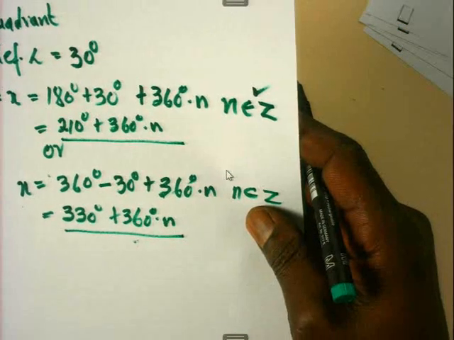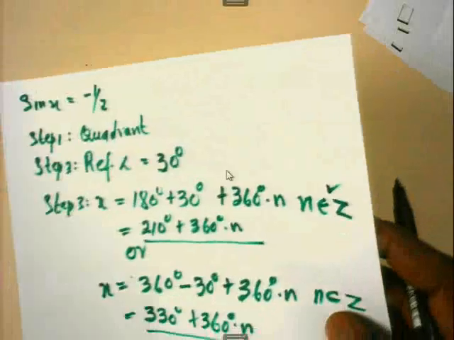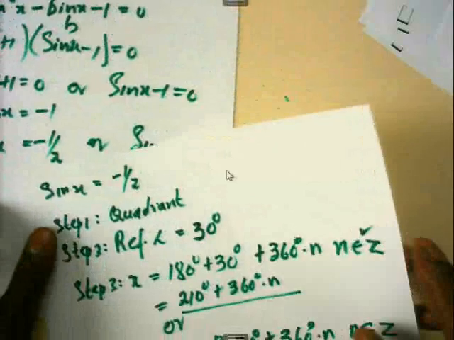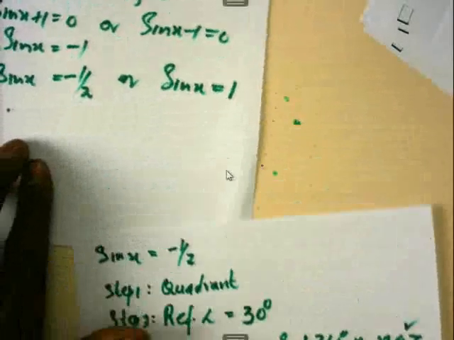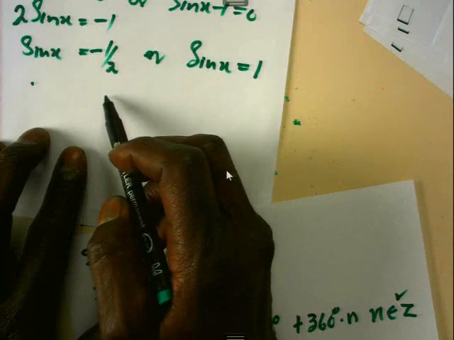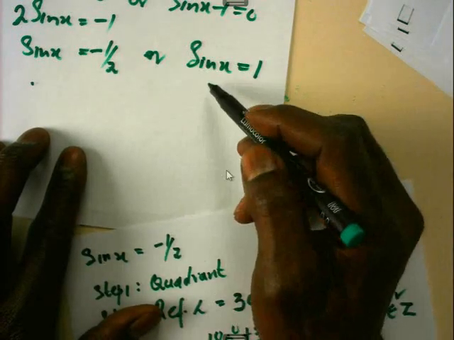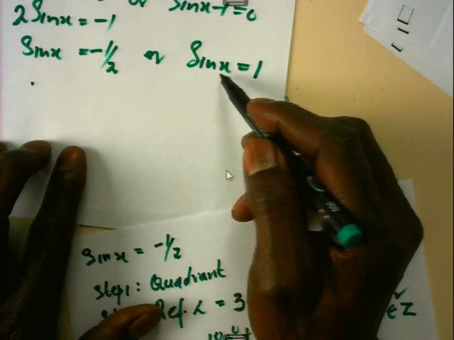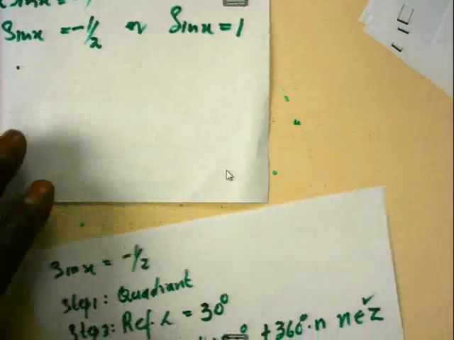I think we ended up solving only one part. Yes, our problem was we had the solution for sine x is equal to -1/2, but we did not have the general solution for sine x is equal to 1. Right, let's go for it.